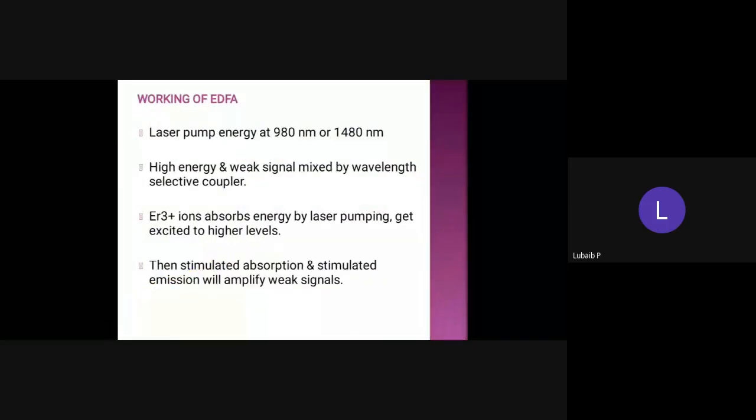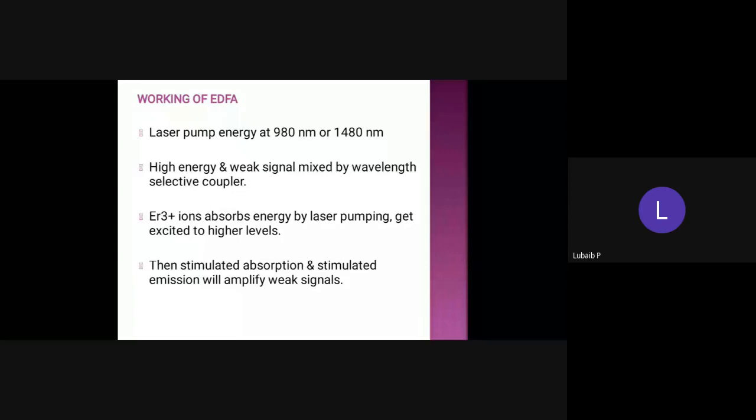Now we can explain the working of the EDFA. As we discussed in the previous session, the two important parts of the optical amplifier are a pump source and an active medium. The laser pump energy is at 980 nanometer or 1480 nanometer.